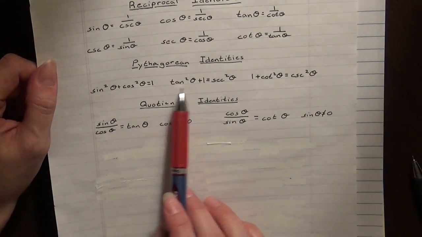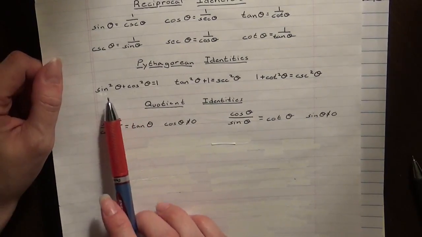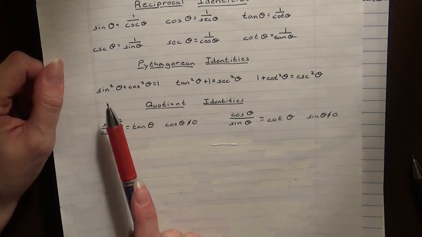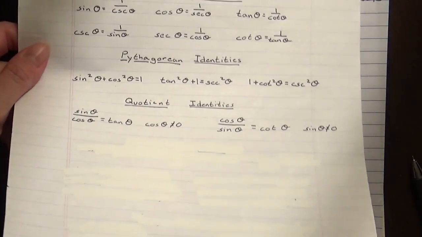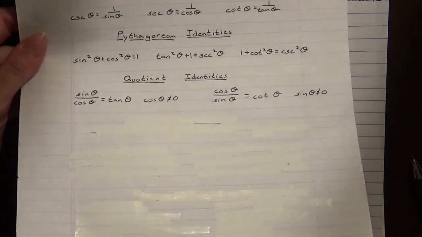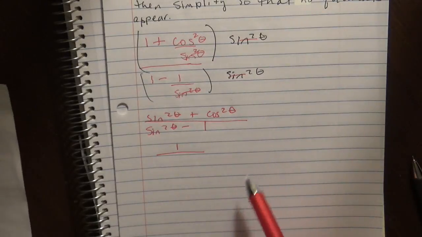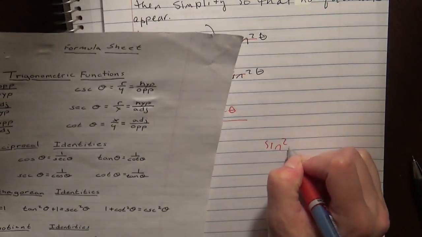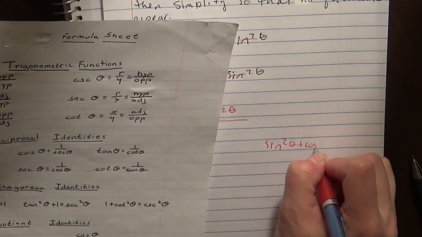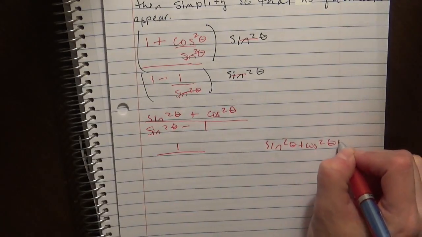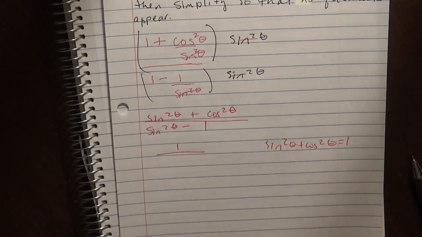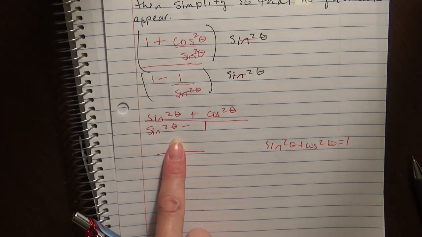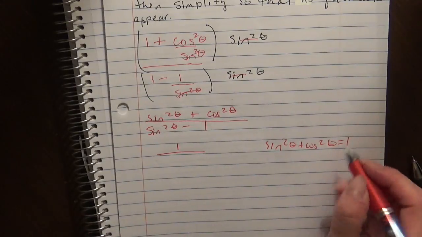Well, of course, you can manipulate these identities as well. If you take your sine square plus cosine square equals 1 identity and put it in this form, sine square theta minus 1, what is that going to give us?